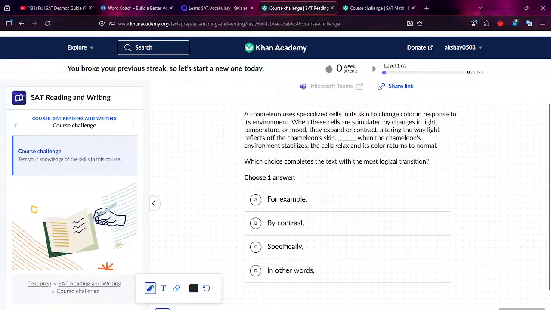So we need to look at the sentences before and the sentences after, and what sort of changes when you're talking about those two.